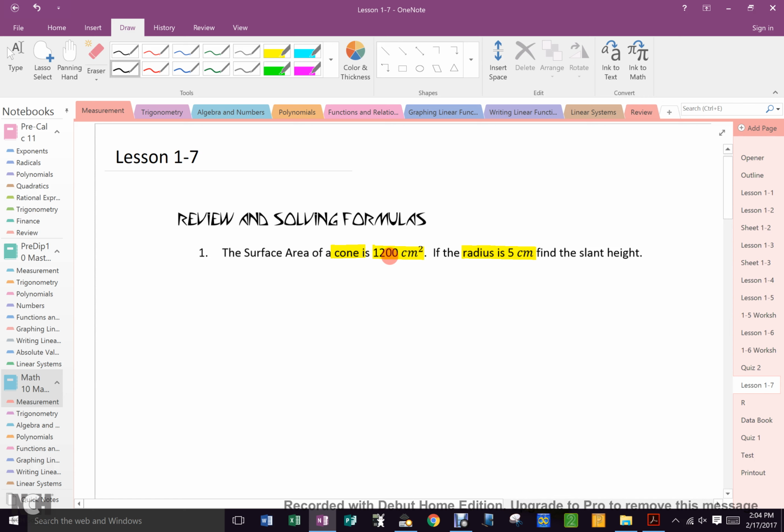So I'm going to get the formula for that surface area, and I'm going to write it down. Pi r squared plus pi r slant. Now, the question says I need to find the slant. Do I know what number goes in for that letter? No, I don't. But do I know some of the other letters?